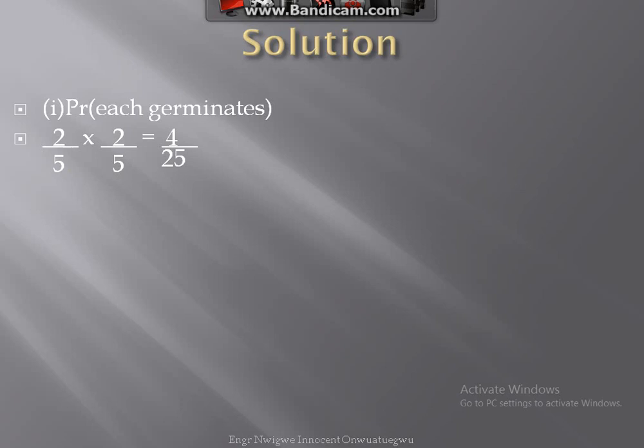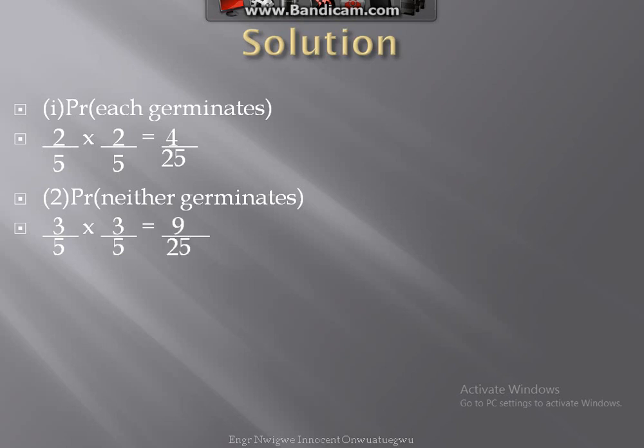The probability for neither of seeds C and D to germinate is 3 over 5 for C times 3 over 5 for D, which is equal to 9 over 25.